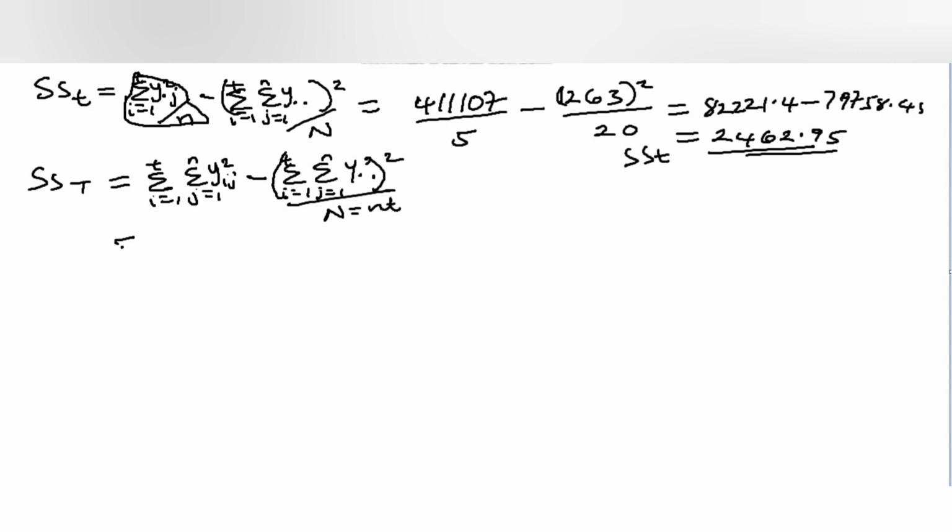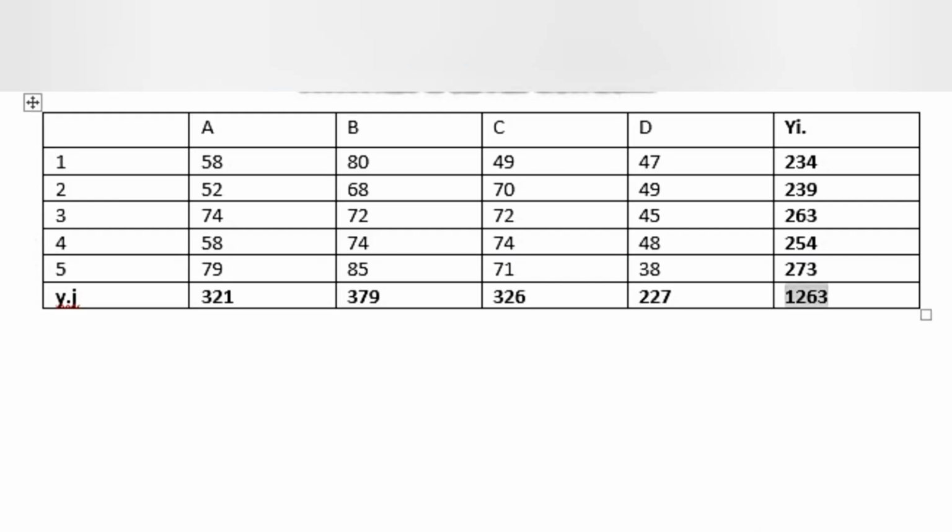For the first part, it is a big calculation. Looking back at our table, the whole of this place is going to be 58 square plus 80 square plus 49 square plus 47 square plus 52 square plus 68 square plus 70 square plus 49 square, and so on.